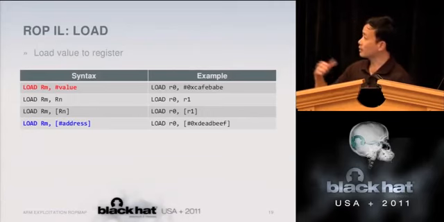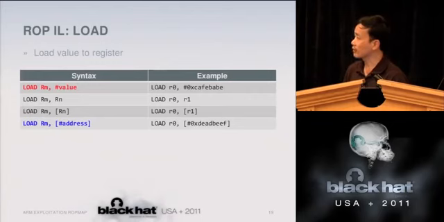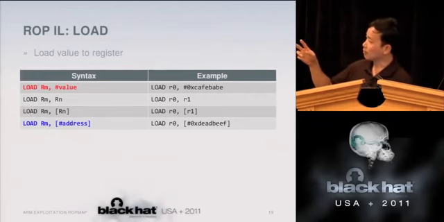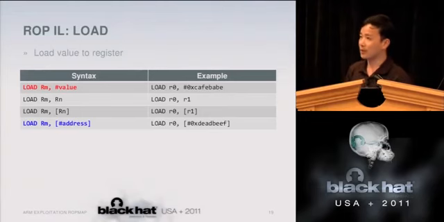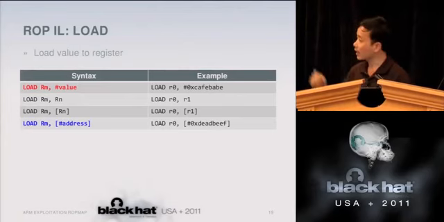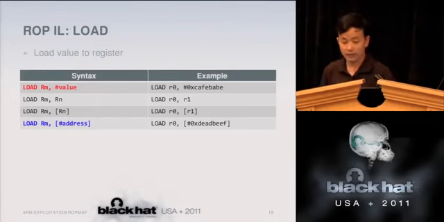And load register to register, load register from memory reference. The most used instructions you can find in shellcode are load register with value and load register from a memory reference.